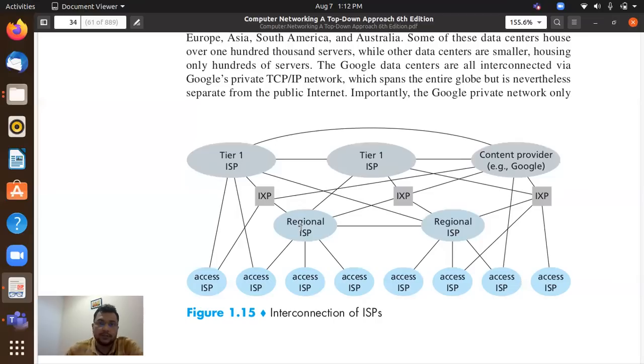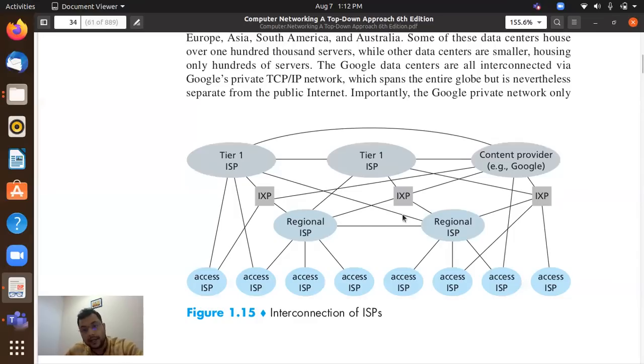It may be possible that you can peer with tier one if tier one is interested in you. So it is purely based on economics, what sort of deal goes into it, business dealing. So regional ISPs can also peer with tier one ISPs.